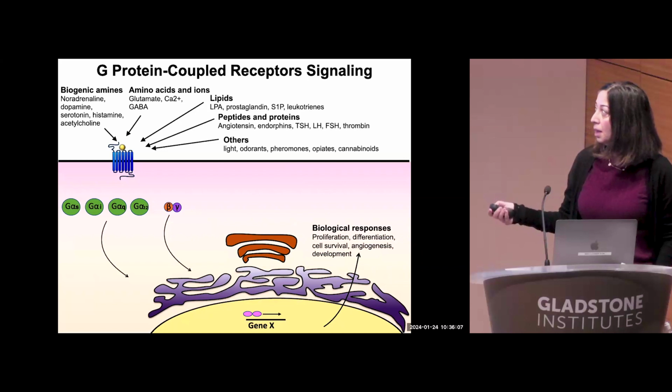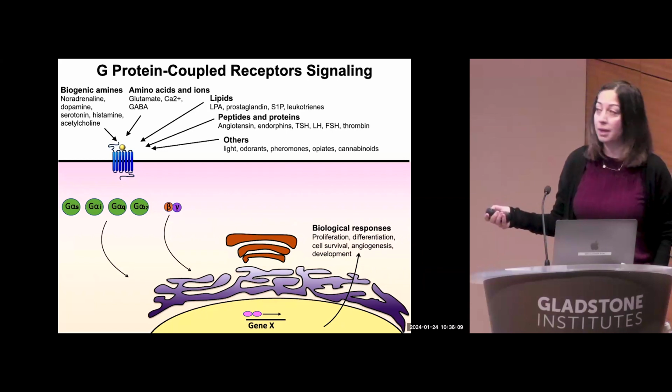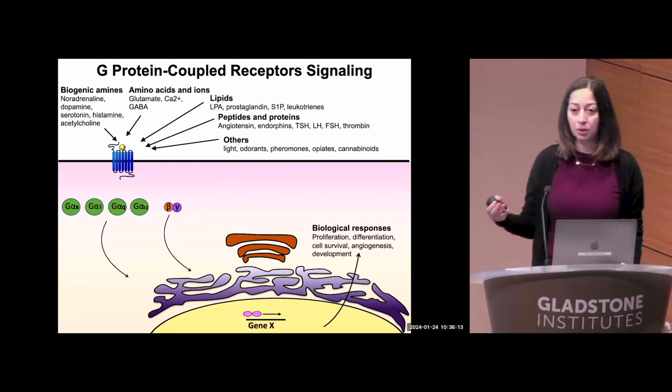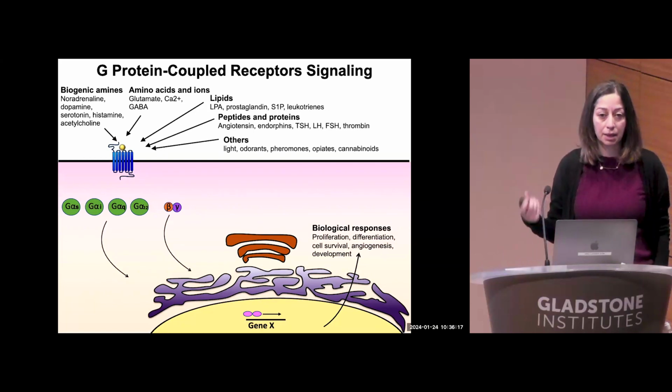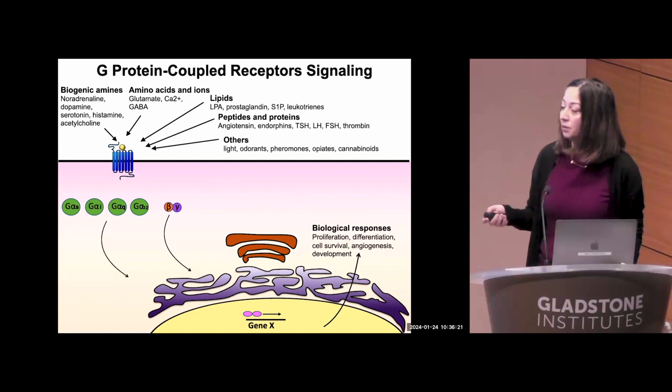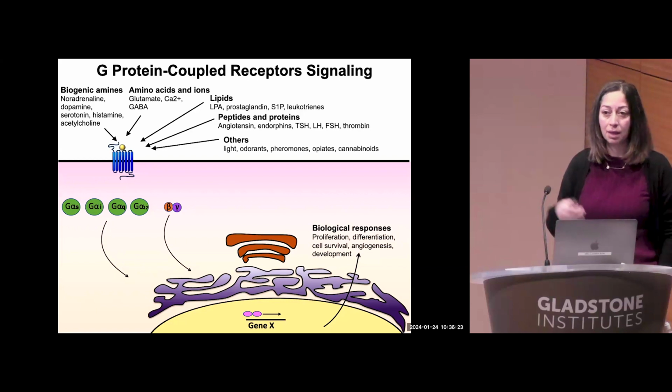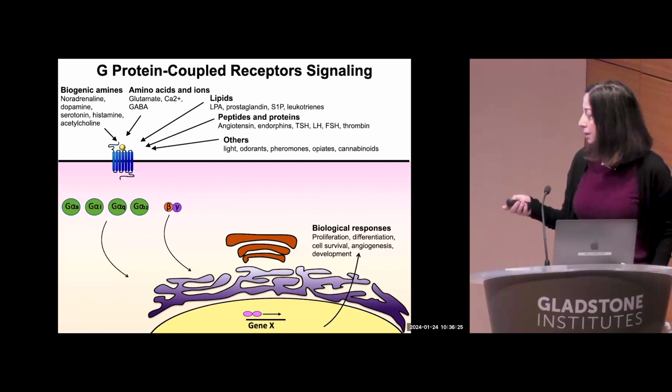For example, the main one that I will be focusing on today is G alpha S, which stands for stimulatory. It stimulates the activity of an enzyme known as adenylate cyclase that makes a second messenger, cyclic AMP, which is one of the key second messengers that can activate a lot of different pathways in a cell.